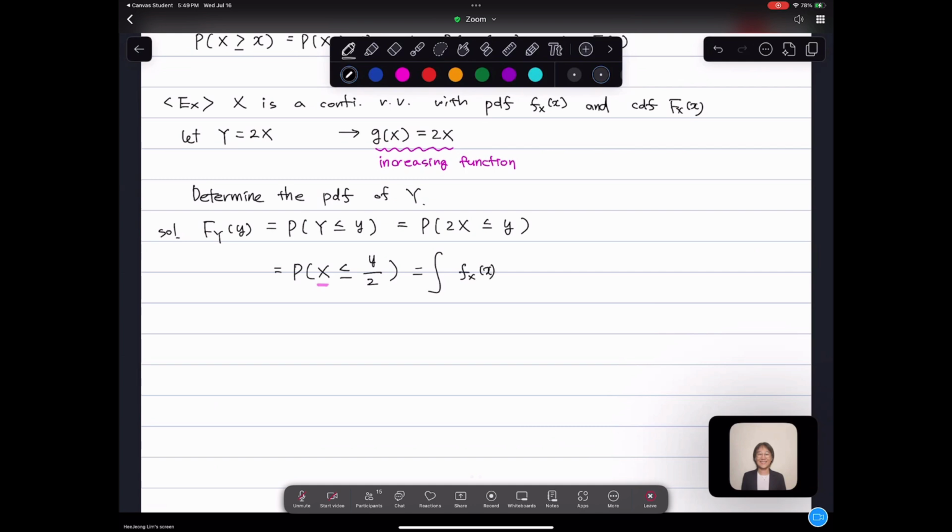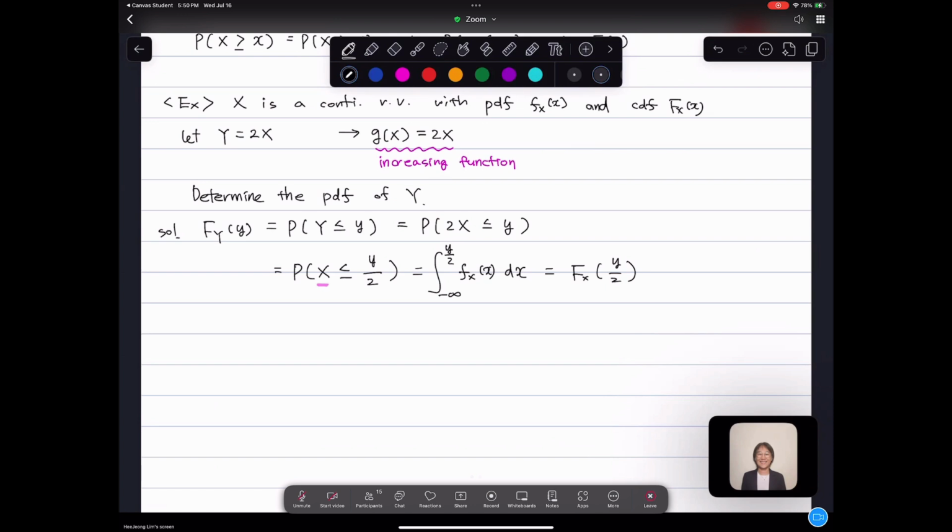I have to integrate from negative infinity all the way up to y over 2 with respect to x, which is, by definition, exactly the same as the big F of y over 2. So that's what I'm getting. This is my CDF.